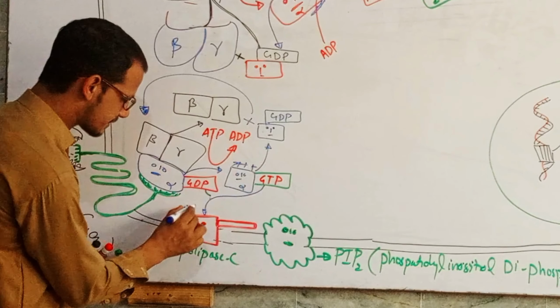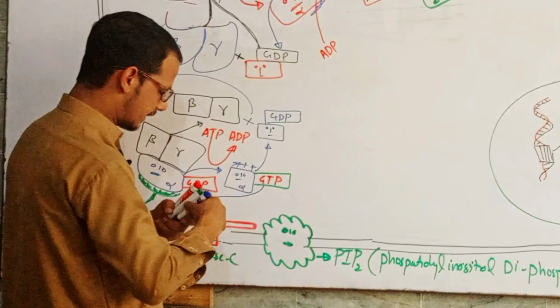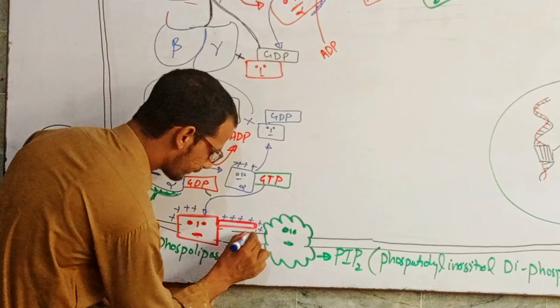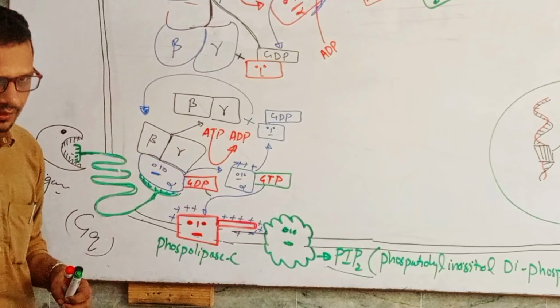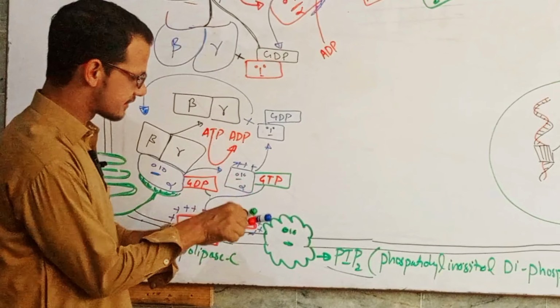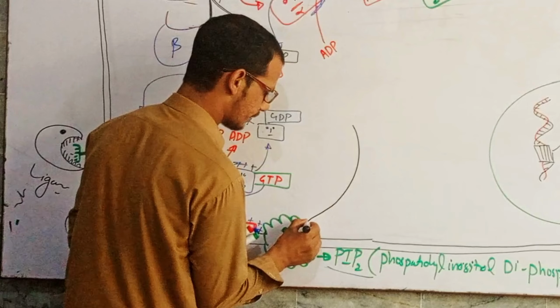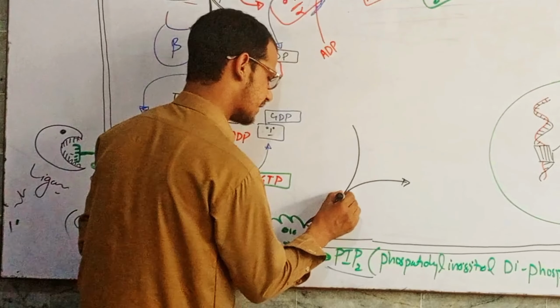This phospholipase C is activated by GTP, and by activation it will activate the phosphatidyl inositol diphosphate, and this phosphatidyl inositol diphosphate is responsible for activation of two second messengers.